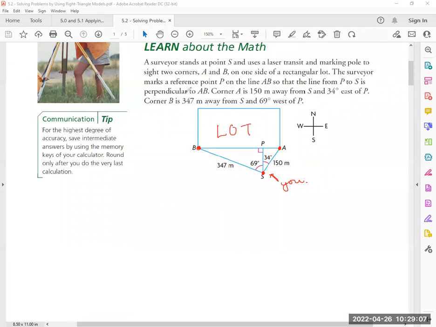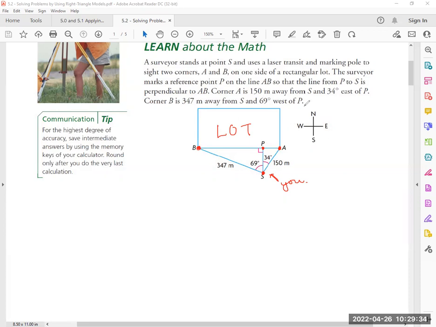The surveyor marks a reference point P on that line AB so that the line from P to S is perfectly 90 degrees to AB. Corner A is 150 meters away and 34 degrees east. Corner B is 347 meters away and 69 degrees from west.